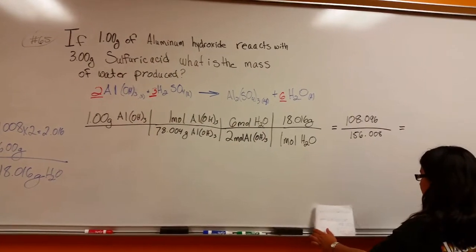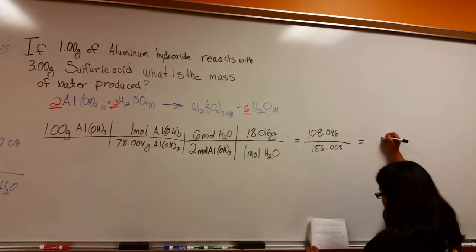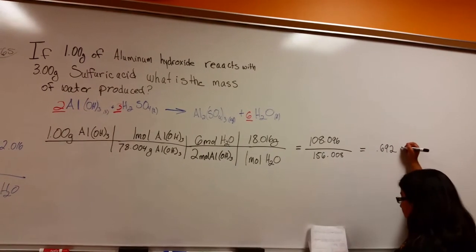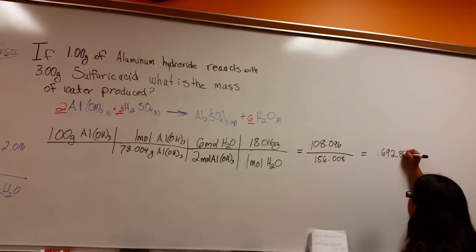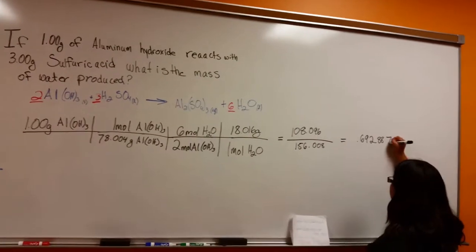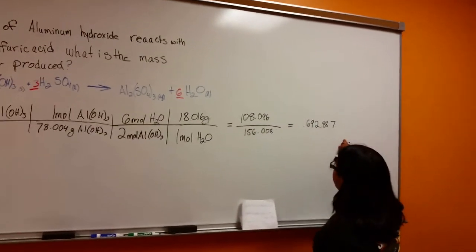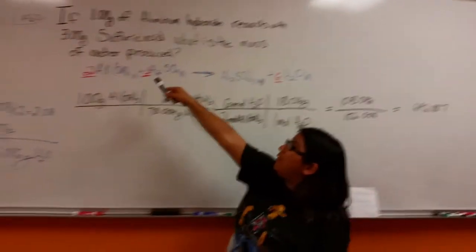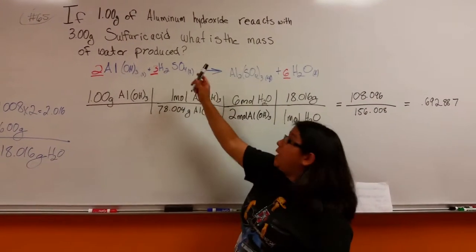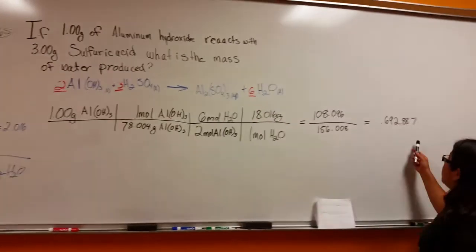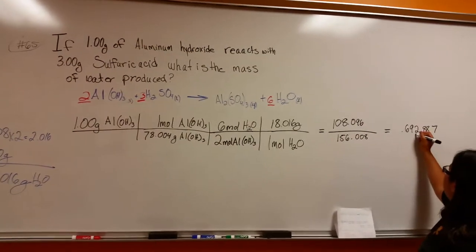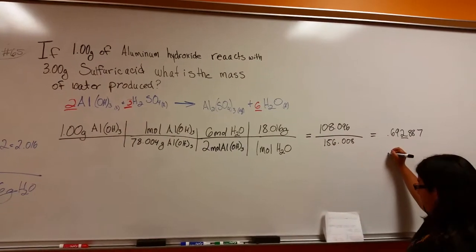Get this lovely decimal. What I do is I take the number straight from the calculator and just write it out for reference later, in case you mess up in some way, you can see what your original was. But you have to take into account the significant digits of your beginning numbers and translate that to the end of your equation. So we're going to have to round to right there.